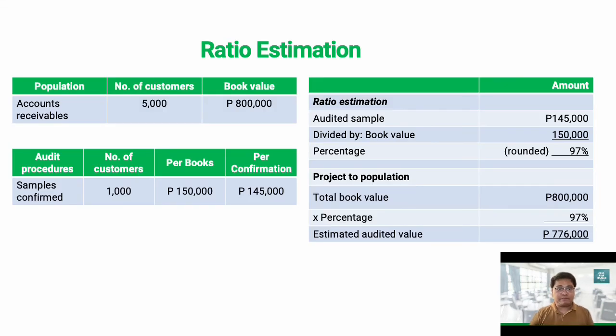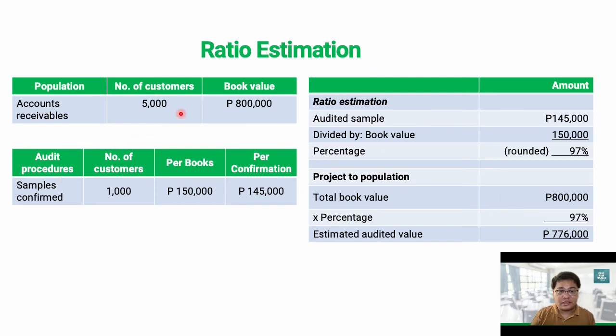So to illustrate, let's say the population is still the accounts receivable. The number of customers in that AR is 5,000 with a total book value of 800,000 pesos. So let's say our procedure is also confirmation.